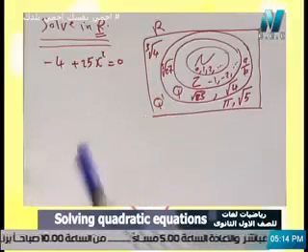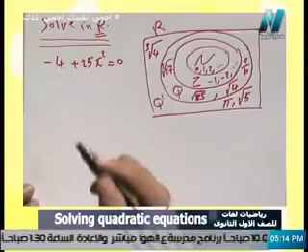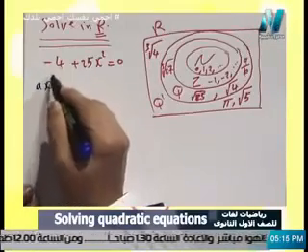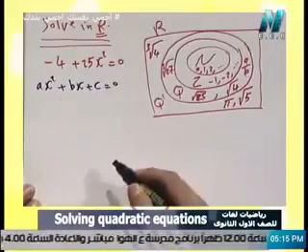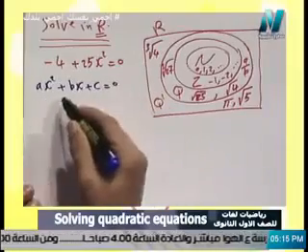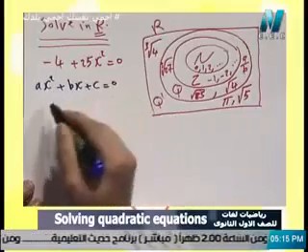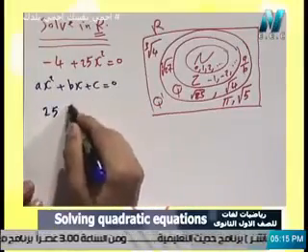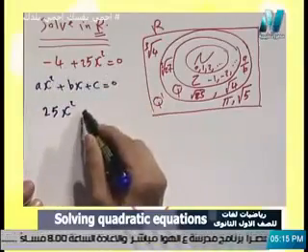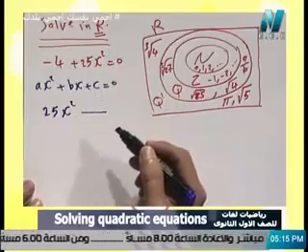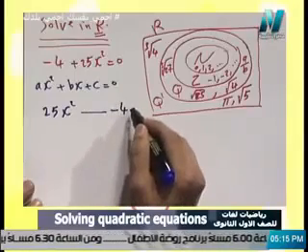Someone says that this equation is a strange one because we have the quadratic equation in the form ax power 2 plus bx plus c equals 0, but this one doesn't have the same form. But when we put it in this form, 25 x power 2, and we haven't x here, so the coefficient of x equals 0, and we have negative 4, which is c.